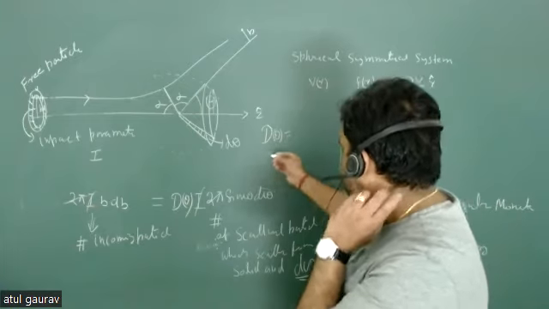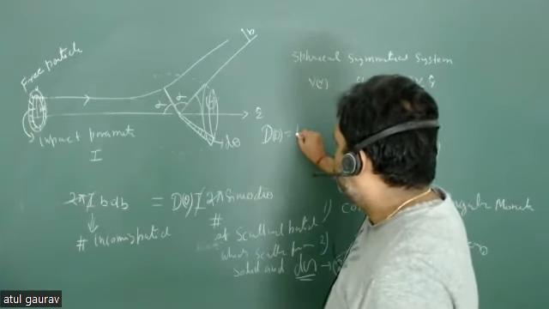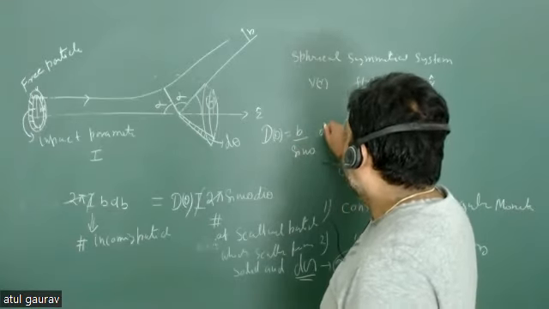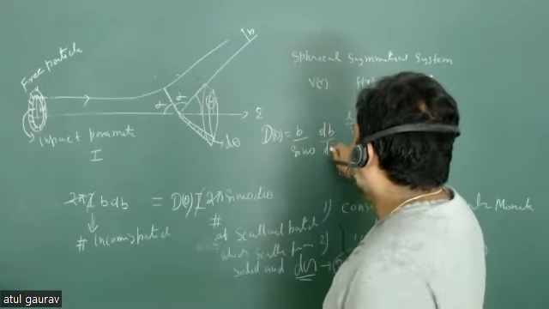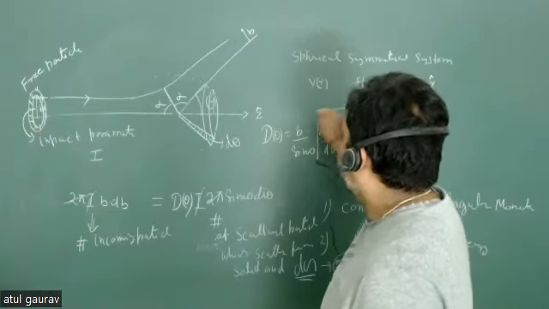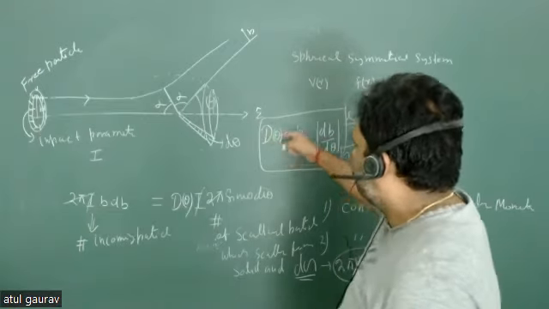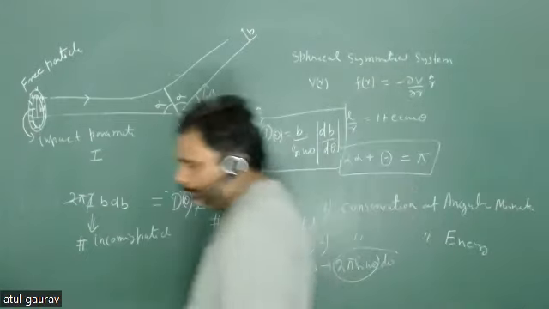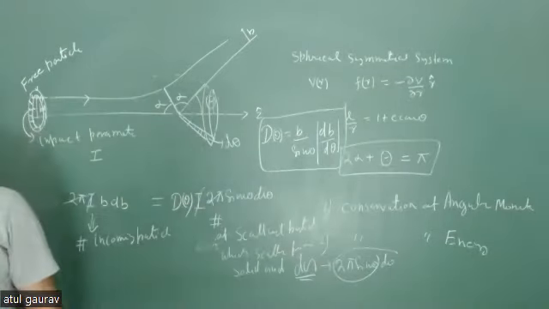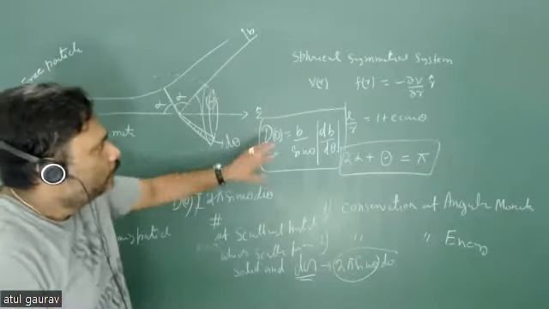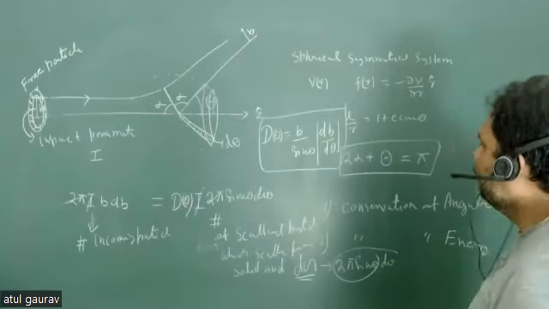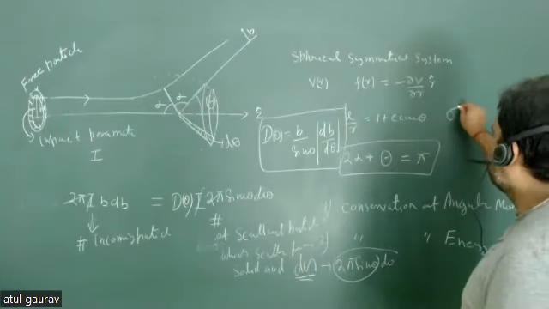So d sigma is equal to b upon sin theta times db upon d theta, and it should always be a positive quantity because this is the dimension of area. If you get the dimension of d sigma, then you can calculate the total scattering cross section.